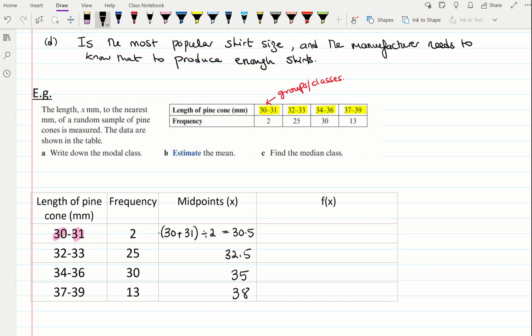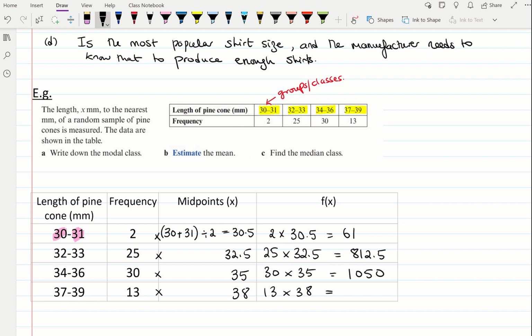And then you would do these two columns together. So that's 2 times 30.5, which is 61. That's 25 times 32.5. That's 30 times 35. That's 13 times 38. So 25 times 32.5 is 812.5. 30 times 35 is 1050. And 13 times 38 is 494.